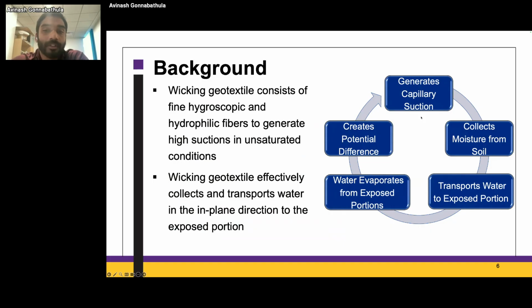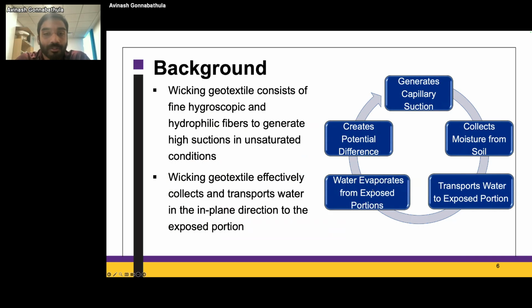Because of the fine channels of the geotextile, it generates a high capillary suction, which aids in collection of soil moisture from either side of the wicking geotextile till the influence range. The collected moisture is then transported to the exposed portion through the generated paths because of the woven paths, and also the potential and RH difference between the inside and the outside of the geotextile.